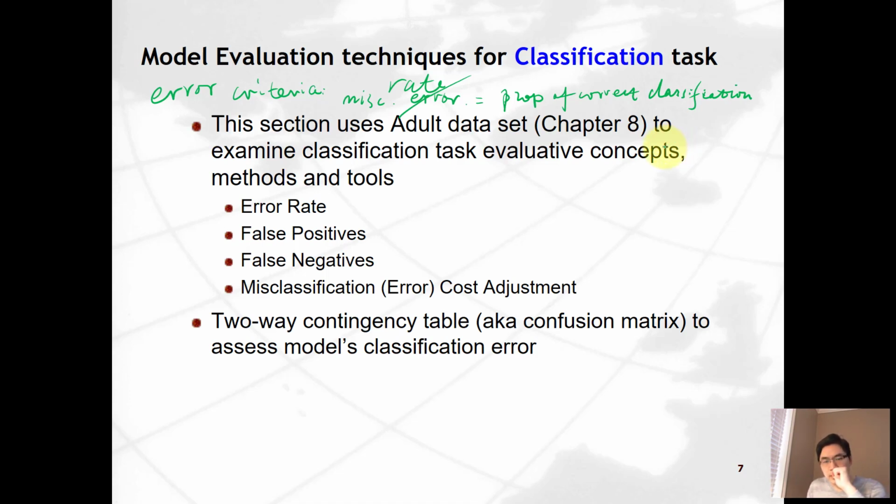Based on the result of classification, there are those that are correctly classified and those that are incorrectly classified. So there is positive hit and negative hit. However, it is not entirely the same when you correctly classify a positive case and when you correctly classify a negative case, assuming that positive and negative are the labels of the target variable.